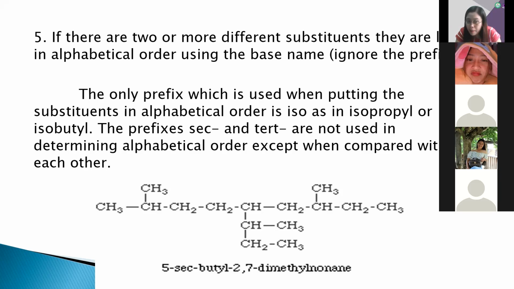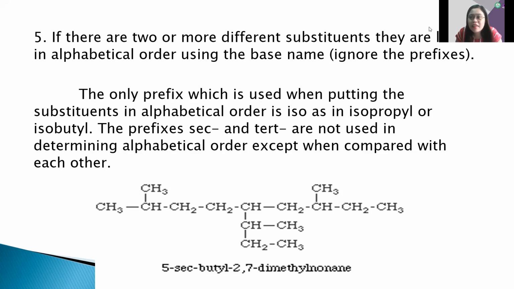Ito medyo mahaba-haba. Though makikita nyo na yung name dyan sa screen, pero ipakita natin paano naging 5-sec-butyl 2,7-dimethyl nonane ang pangalan dyan. That is the reason why, di ba, I told you kagahapon sa lab that the chemistry na hindi ko talaga gusto is the organic chemistry.